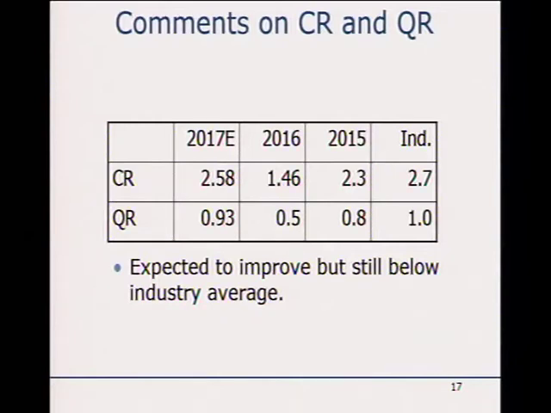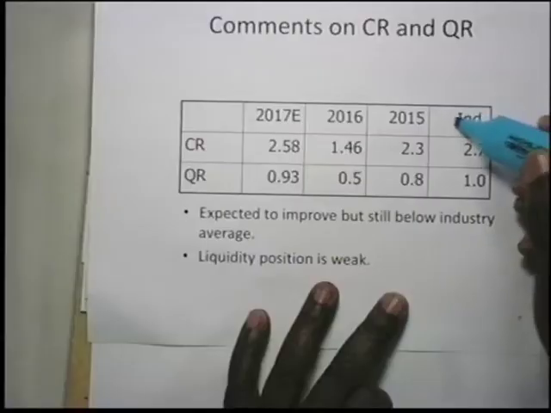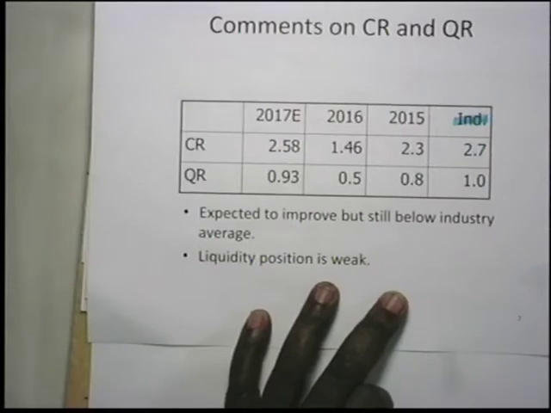The whole idea of us analyzing our financial statements is for us to be able to make decisions or interpret what it means for the organization so that corrective action can be taken. The IND here stands for industry. Those are industry figures. When we are comparing our performance, we compare ourselves with what others are doing.